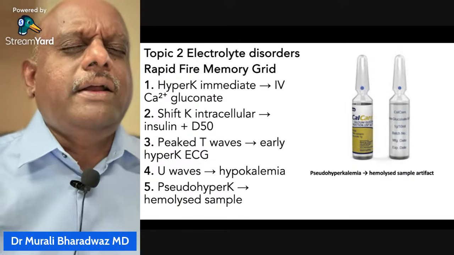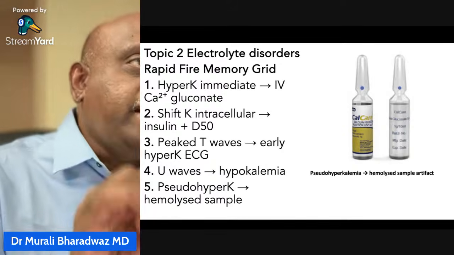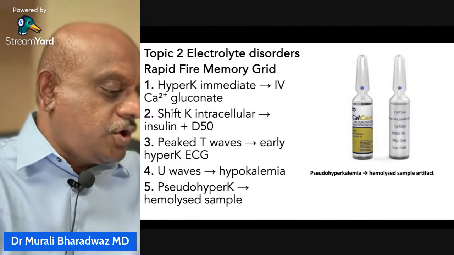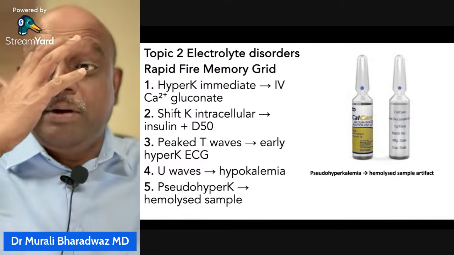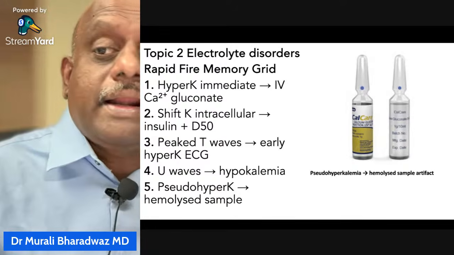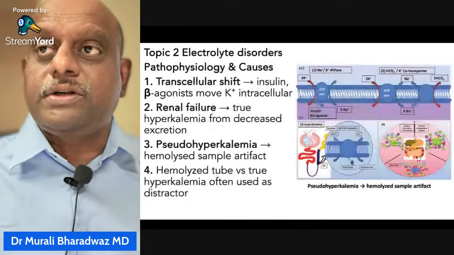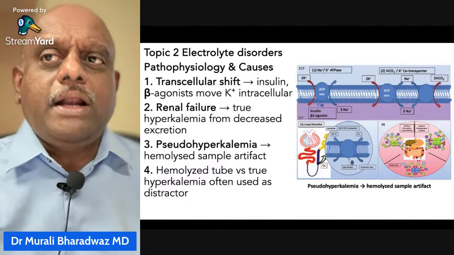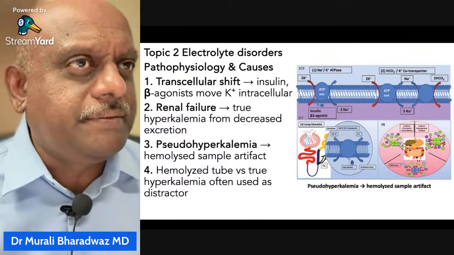Then whenever you are using a hemolyzed sample, the nurse has drawn the blood. By the time the blood sample is sent to the laboratory, if there is hemolysis, that can lead to pseudo-hyperkalemia, a favorite question of the examiner. So insulin and beta-2 agonists cause transcellular shift.